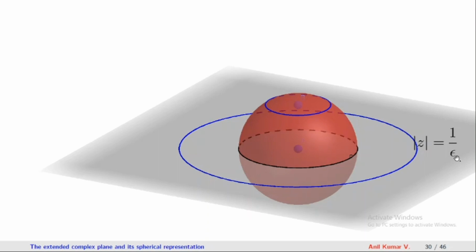Therefore the epsilon neighborhood of the point infinity is the complement of the open ball with the center 0 and the radius 1 by epsilon, that is this region. This is the disk with the center 0 and the radius 1 by epsilon. The complement of this disk is the epsilon neighborhood of the point infinity.